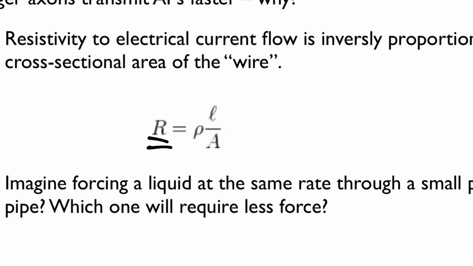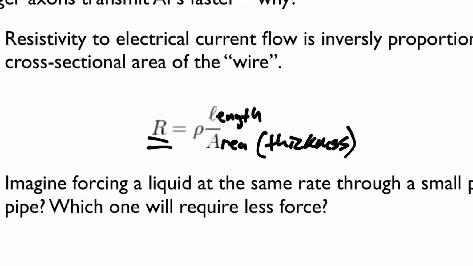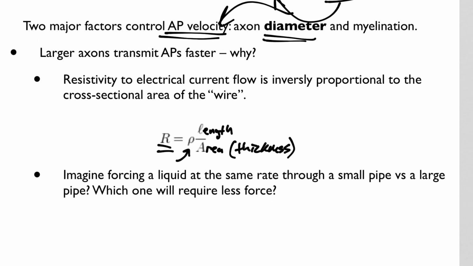So in this equation, R is resistance, L is length, A is area, which means like cross-sectional surface area. But in principle, you can think of this being the same thing as thickness because they're directly related to each other. If the axon gets wider in diameter, its cross-sectional surface area is also going to go up. And this is just a constant that we don't really have to worry about.